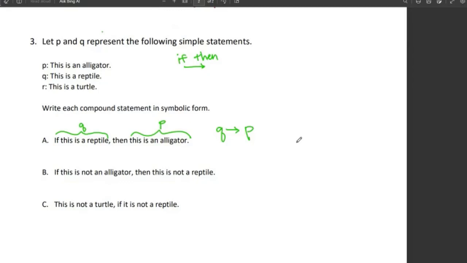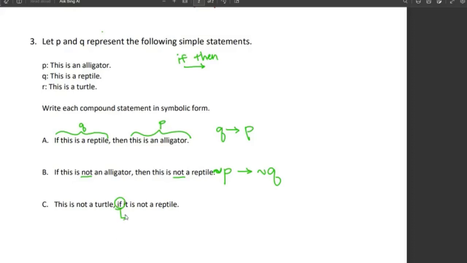Okay. B, if this is not an alligator, then this is not a reptile. So if this is not an alligator, we've got negative P. Then this is not a reptile. So the arrow, and then we've got negative Q. On C, this is not a turtle if it is not a reptile. So we need to rewrite this because if is in the middle.